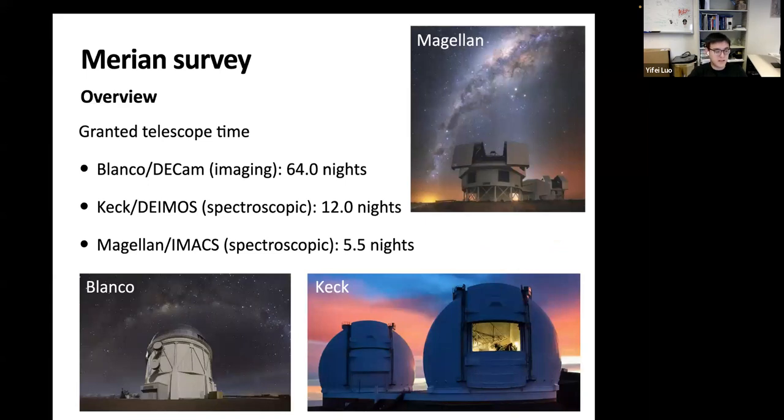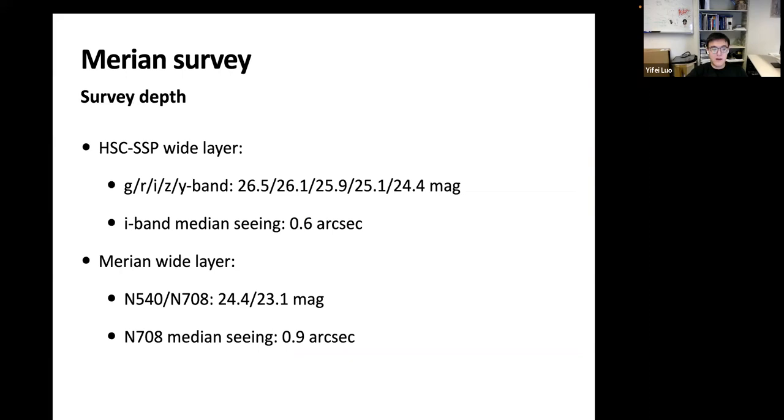That's basically the telescope we use. We use the Blanco telescope to do the imaging survey, and a bunch of larger telescopes, say, CFHT and Magellan, to do the follow-up spectroscopic calibration. This is an overview of the depth.